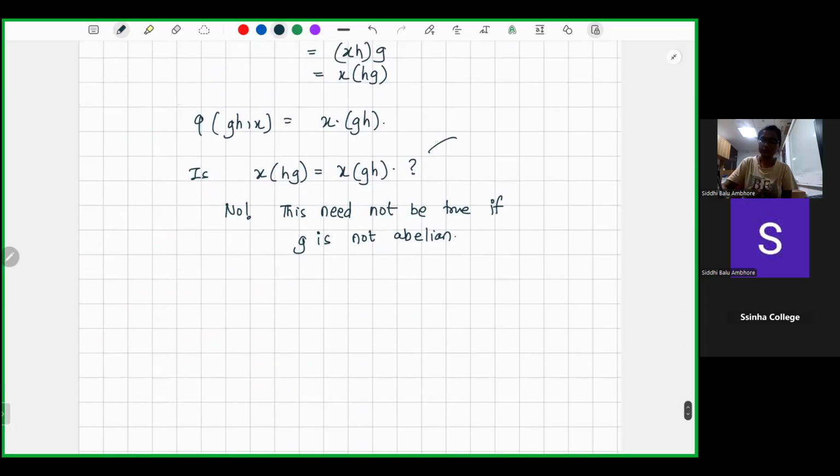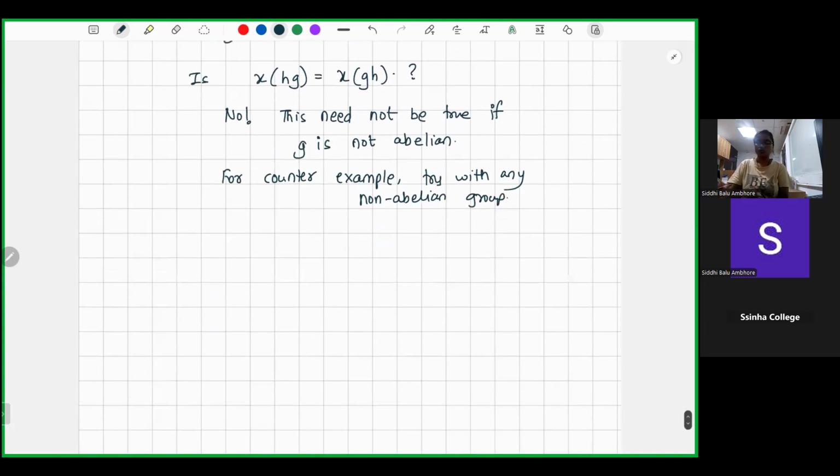Try with, for counter example, any non-abelian group.